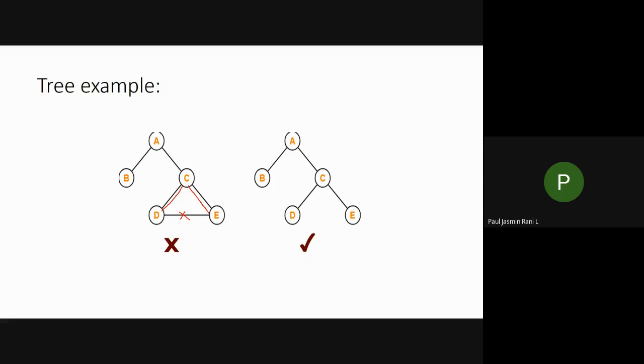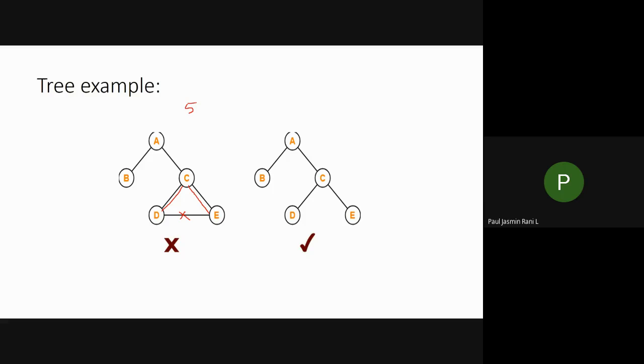If I take n number of nodes in your tree data structure, only n minus 1 edges are allowed. For example, this line represents the edges, and the round represents the nodes. How many nodes are there in your first diagram? 1 2 3 4 5, isn't it? So 5 nodes are there in the first diagram.